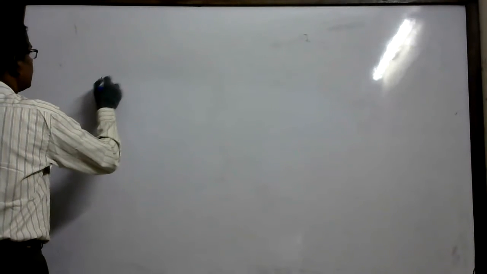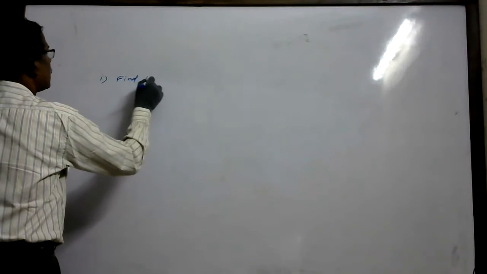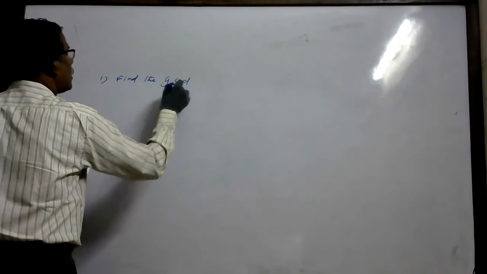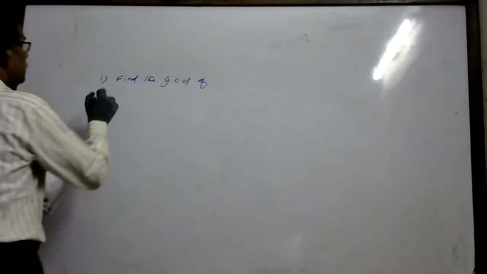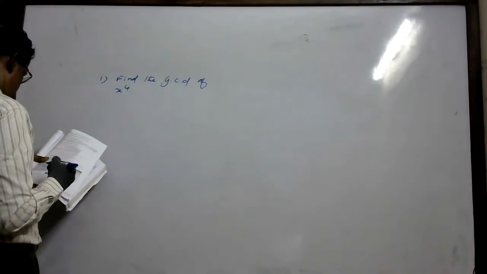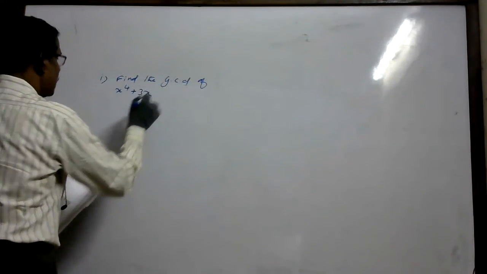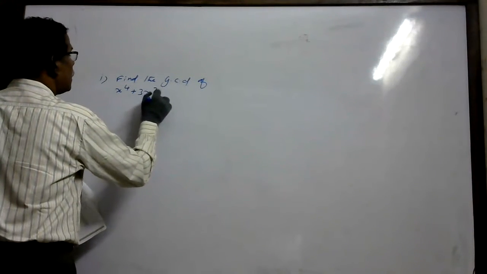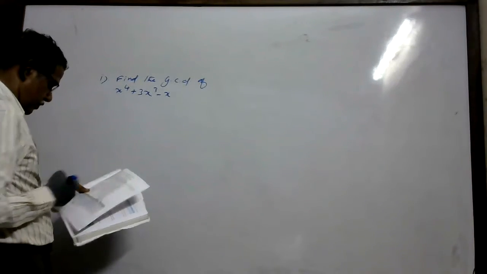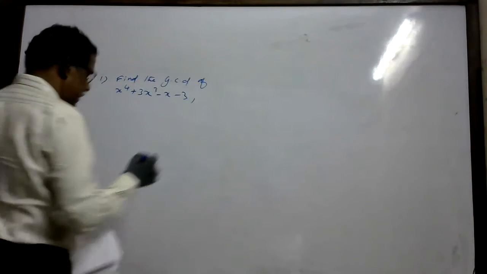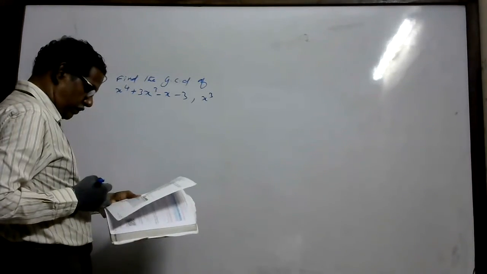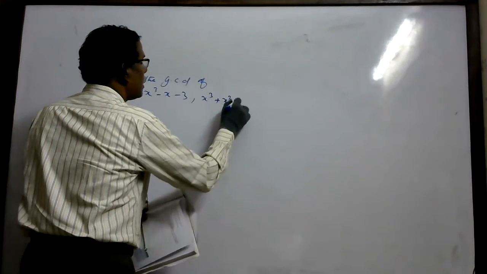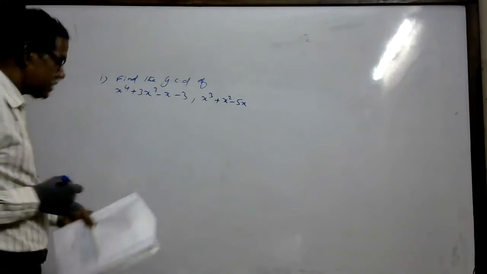Find the GCD of x power 4 plus 3x cube minus x minus 3, and x cube plus x square minus 5x plus 3.